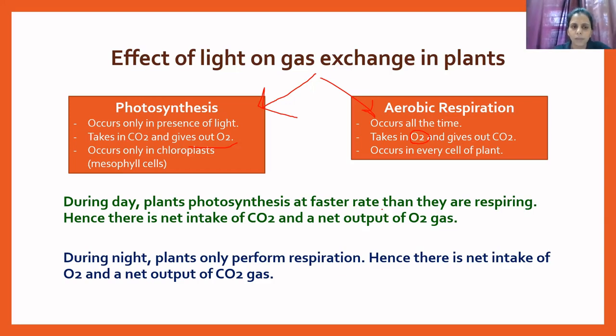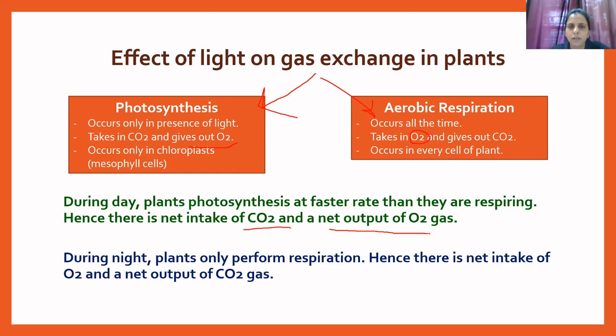Due to this, there is a net intake of carbon dioxide gas and a net output of oxygen gas. That means the amount of carbon dioxide released in respiration is much lesser compared to the amount of carbon dioxide taken in by the plant for photosynthesis, and the same goes for oxygen gas.